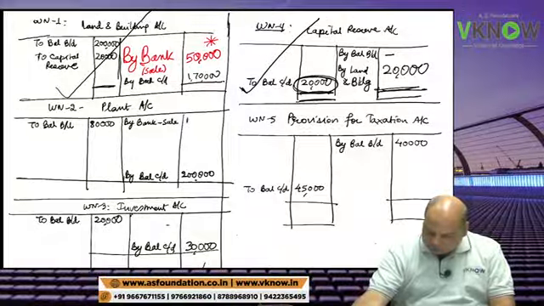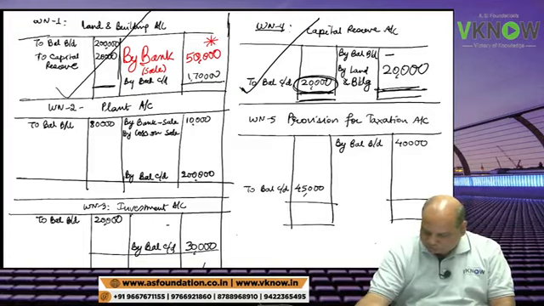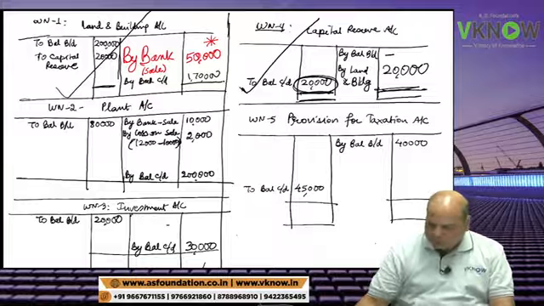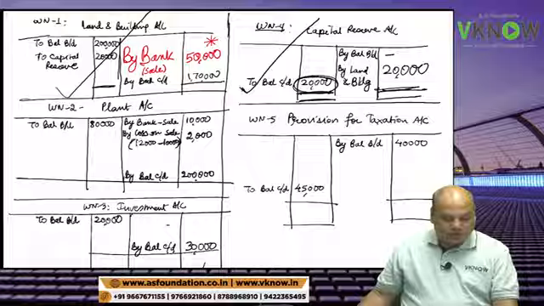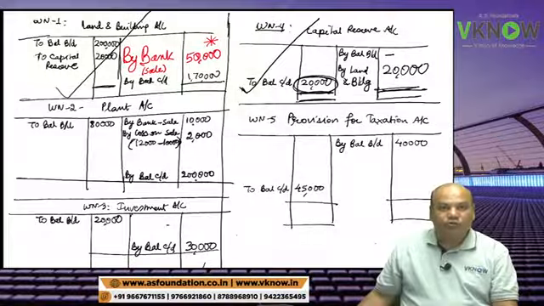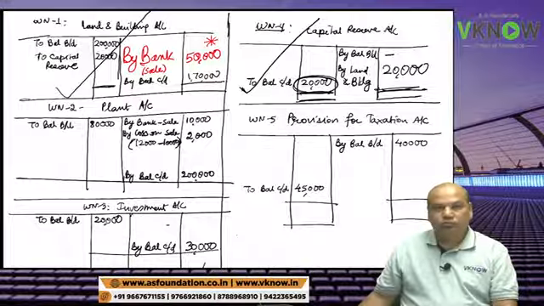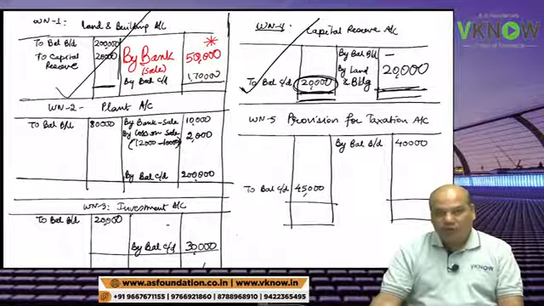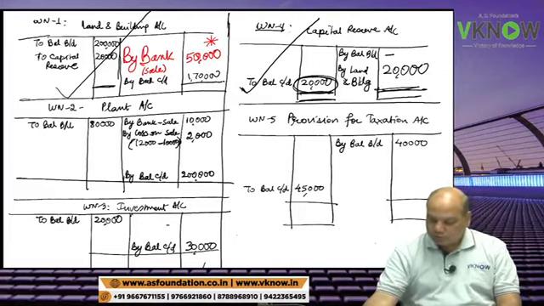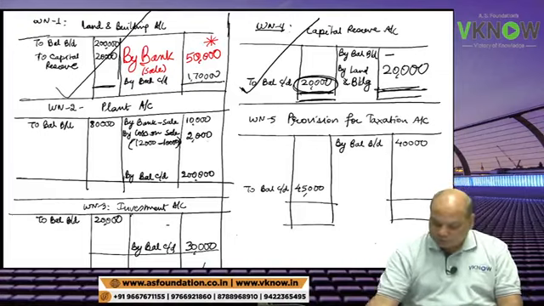By bank sale value 10,000 and by loss on sale. 12,000 was WDV and for 10,000 you have sold, so the loss must be 2,000.